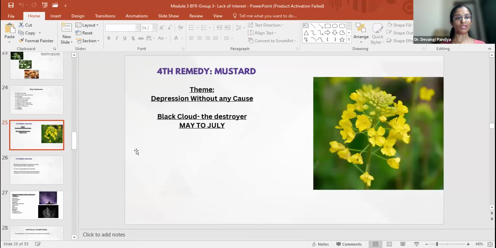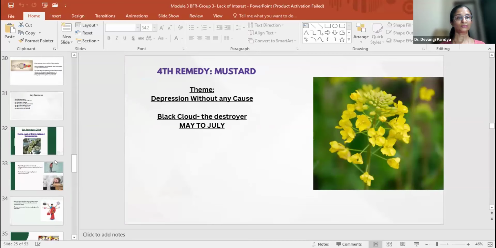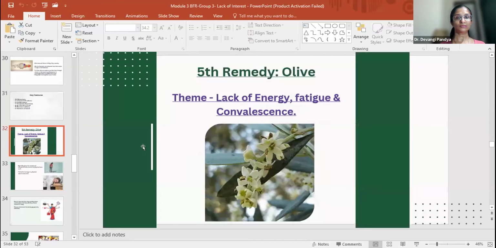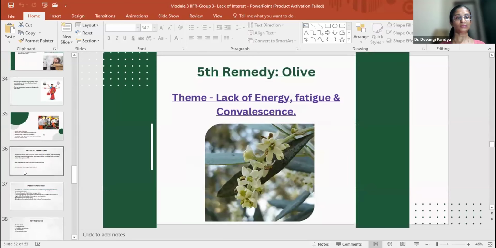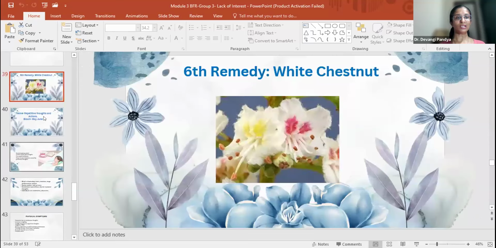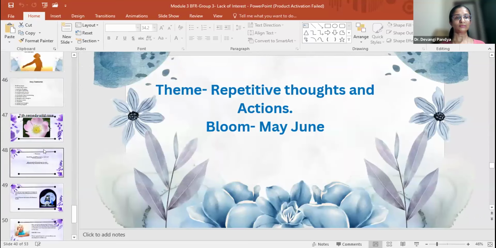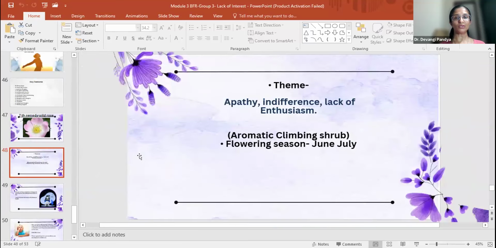Mustard for depression without any cause. Olive for lack of energy, fatigue. White chestnut bud for repetitive thoughts. And wild rose for apathy and indifference.